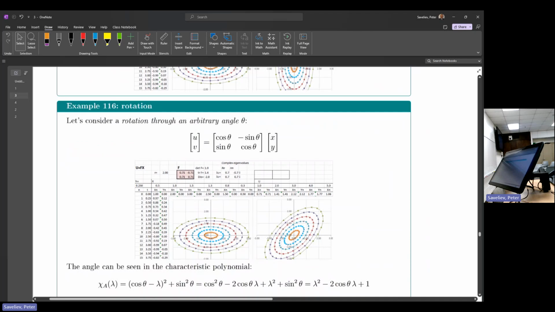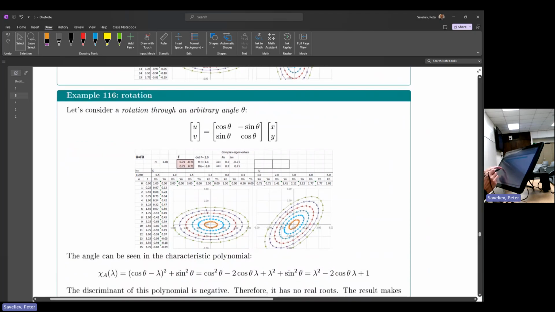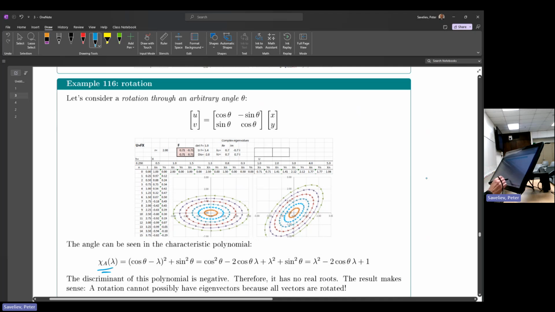I'm taking the general rotation by angle theta, and this is my characteristic polynomial right here. And what is the discriminant? Okay, the discriminant is (-2 cosine theta) squared minus 4. Hold on, I'm sorry, I lost my cosine here. That's my discriminant.